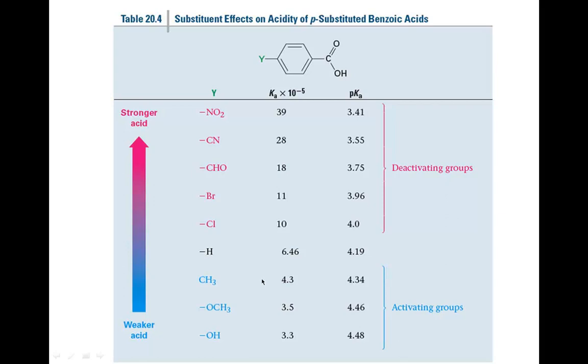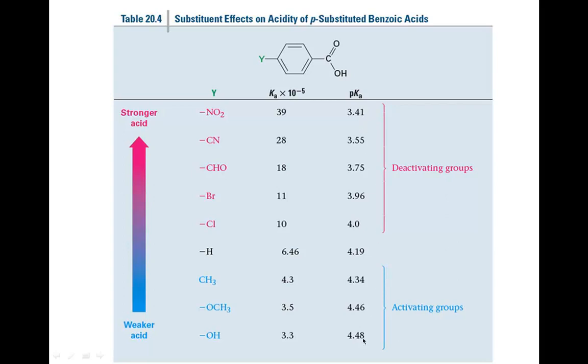As we get to smaller pKa's, we get more acidic, and consequently the conjugate base is getting weaker, and the acid's getting stronger.